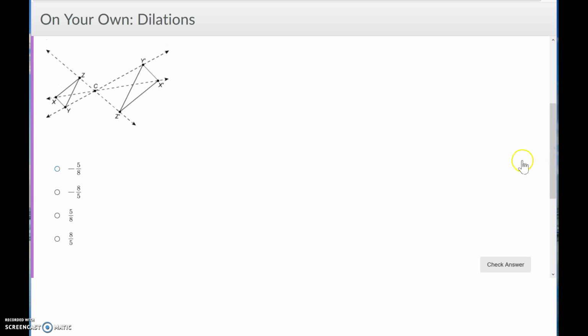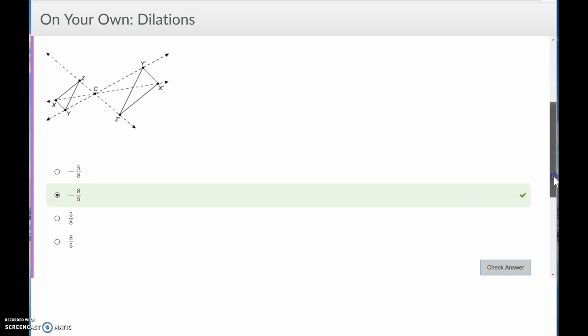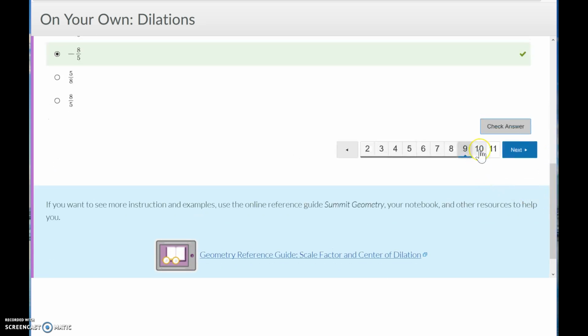Now our image flips again, so it has to be a negative. And it is small and then gets big, so it has to be larger than 1. So it has to be one of these negative ones. 5/8 is less than 1, but 8/5 is more than 1.